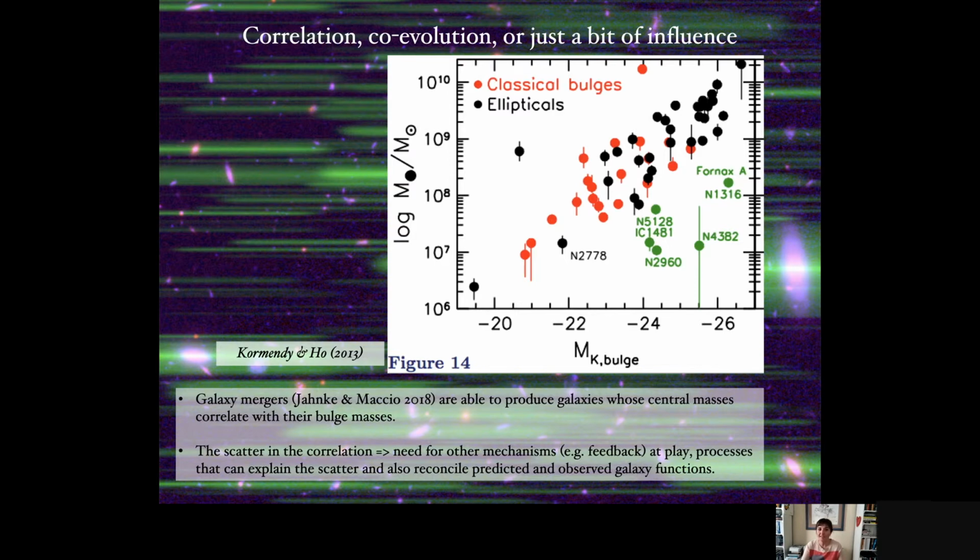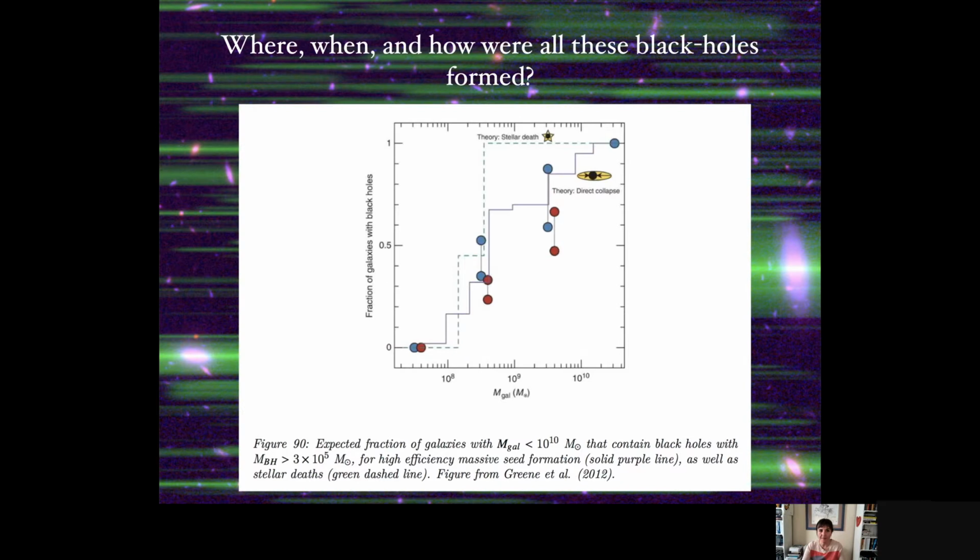So those processes can explain the scatter and reconcile the observed galaxy luminosity distribution with simulated galaxy luminosity functions.